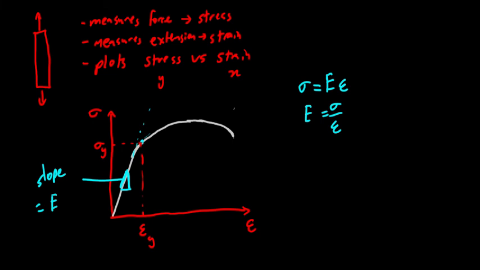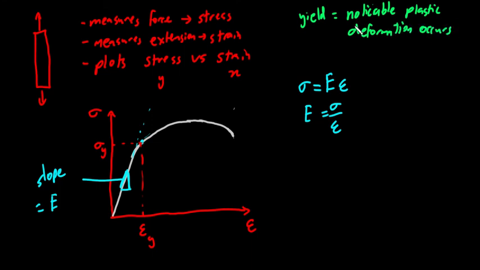Your yield, a pretty important definition, is that your yield stress and strain is when noticeable plastic deformation occurs. If you let it go, you will actually notice that there's a difference. Because if you just take the tangent line, it slowly deviates away, so there's no obvious position.